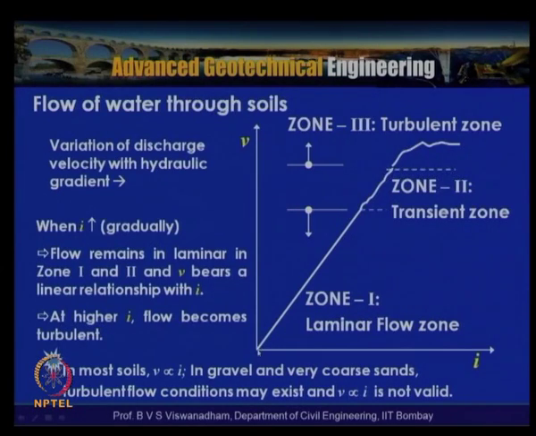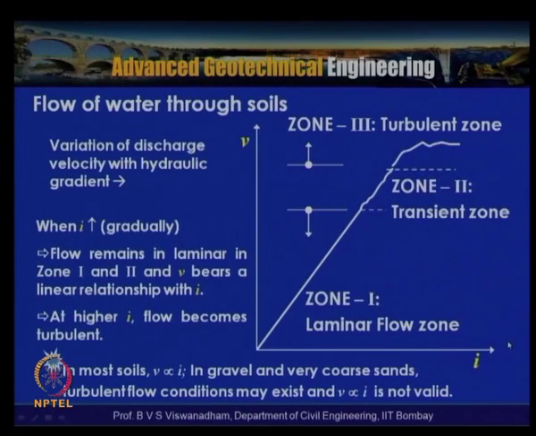It appears that V is proportional to I in this region, and it exhibits a linear relationship. Beyond zone 1, once the zone 1 boundary is crossed, it is termed zone 2, which is called the transient zone, and beyond zone 2 is zone 3, which is called the turbulent zone.